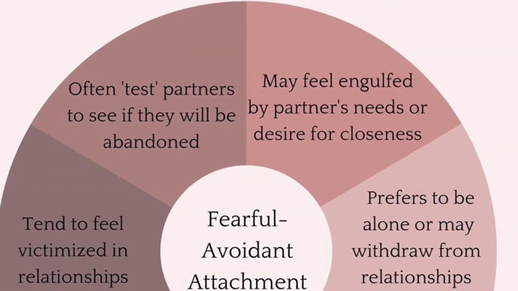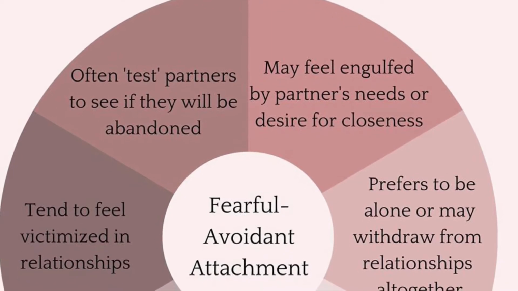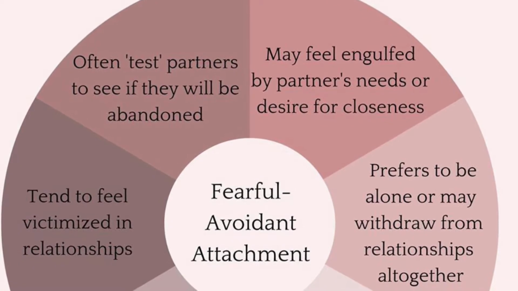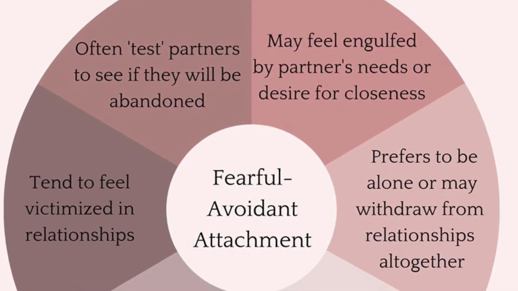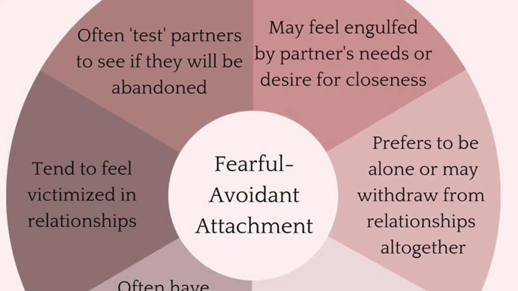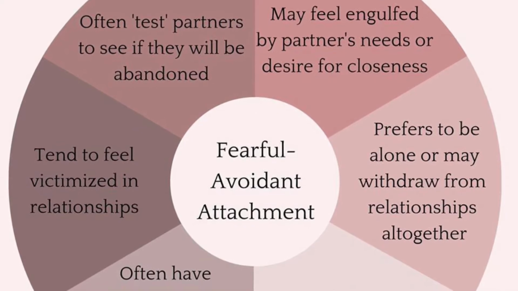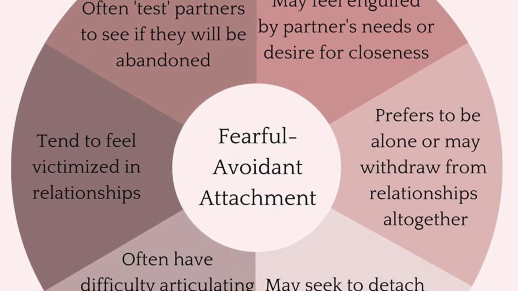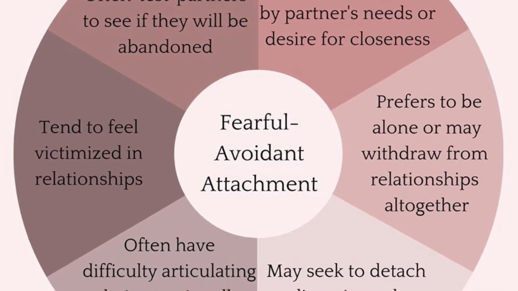The fearful avoidant, also called the disorganized, is an insecure form of relationship attachment that affects around 7% of the population. I feel like it's a little bit more prevalent than that because of the times we live in. I have been in a fearful avoidant attachment relationship, I must confess. And looking back at that relationship, knowing what I know now, I have learned more about myself and about what happened in that relationship.